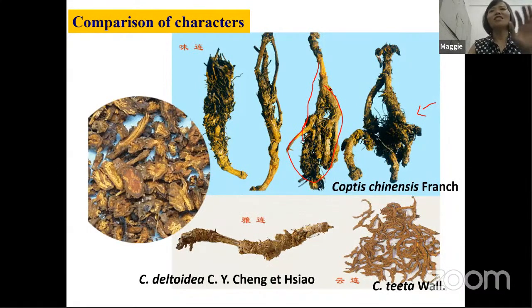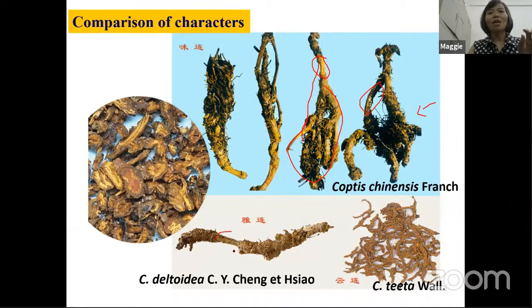So it is branched, and the other two mostly single branched. Internode here is obvious, smooth and long.